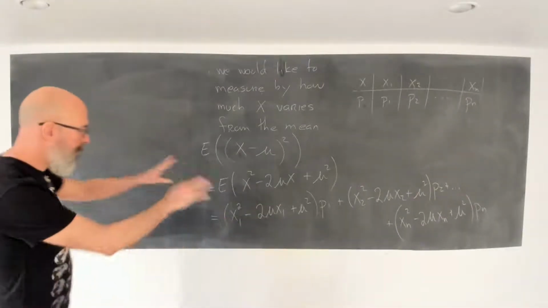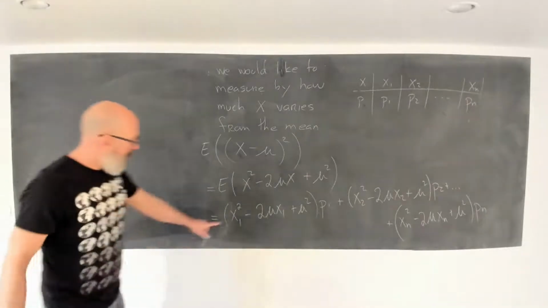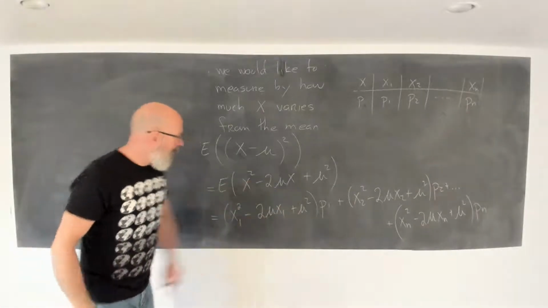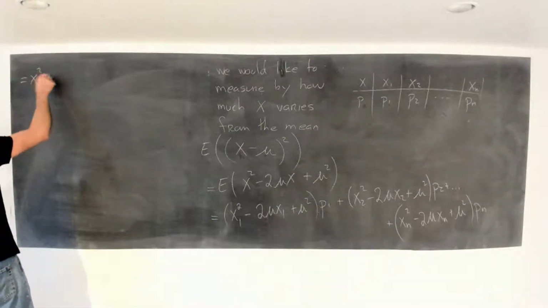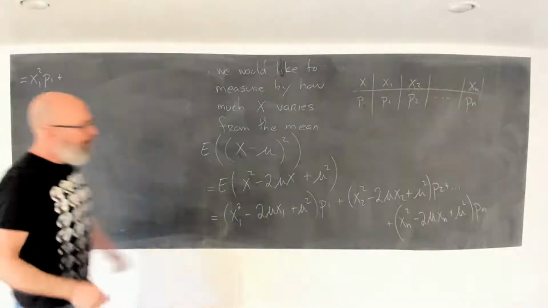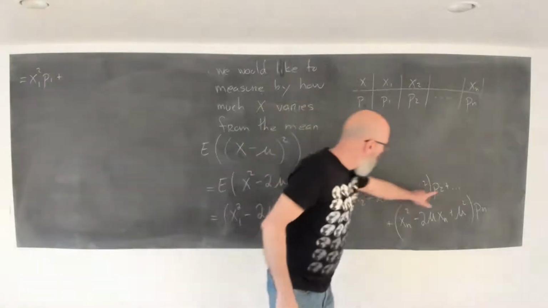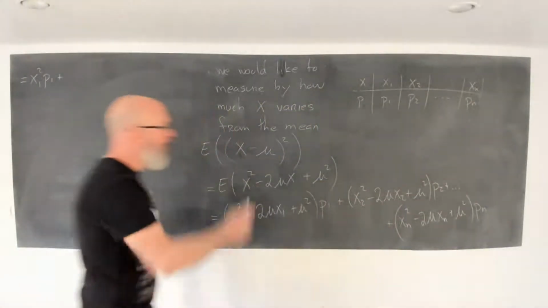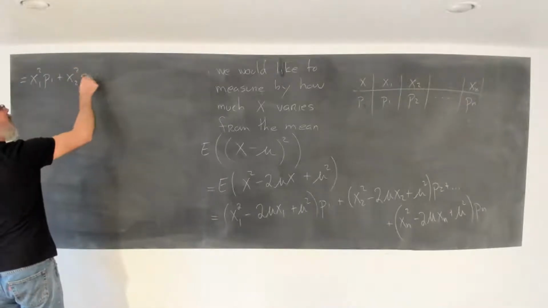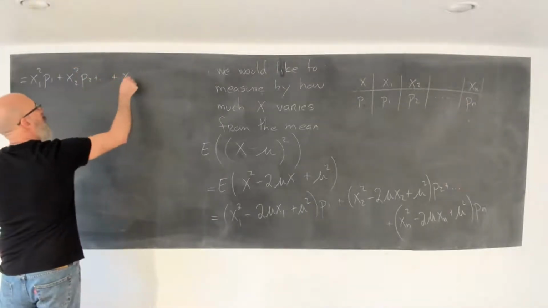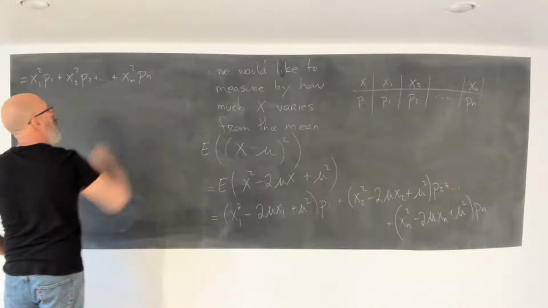So let's expand. This is x1 squared times p1, and let's just group these, x2 squared times p2 and so on, all the way to xn squared times pn.